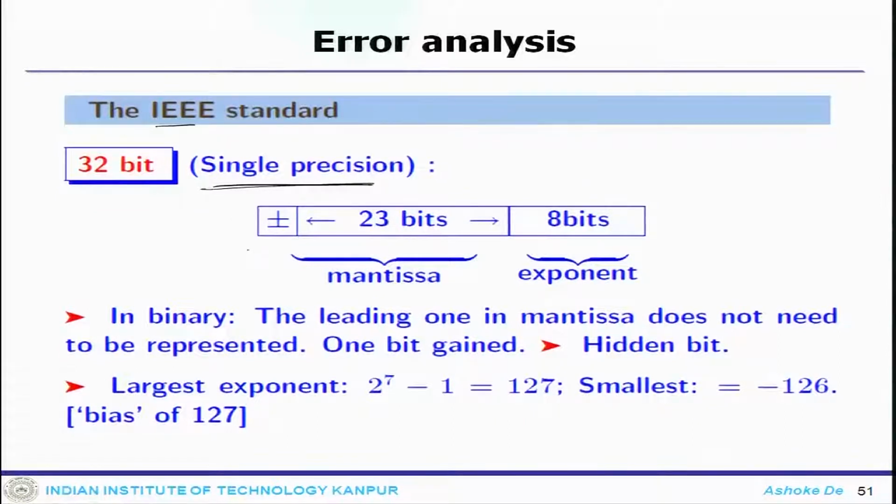So, this is the sign of the number. 23 bits are allocated to the mantissa, 8 bits are allocated to the exponent, and 1 bit is allocated for the sign. So, this is how the distribution takes place.